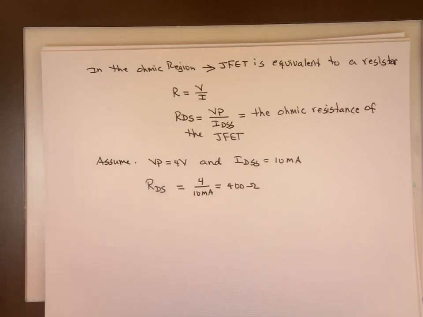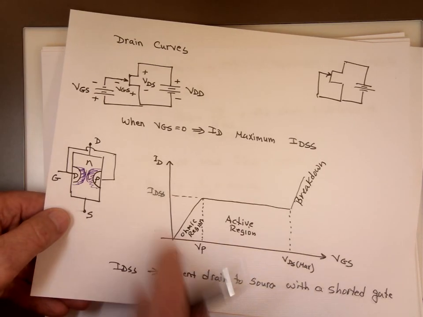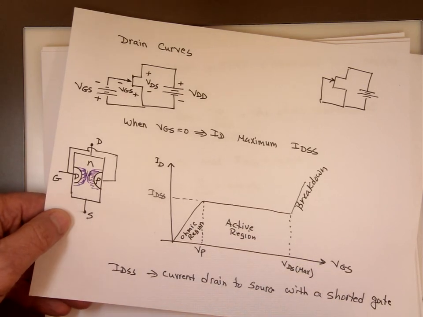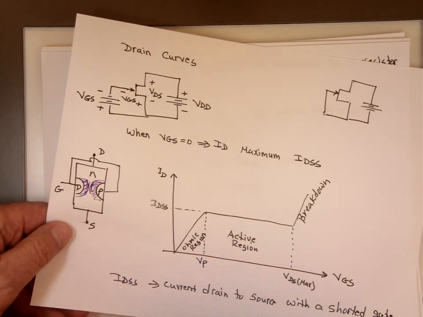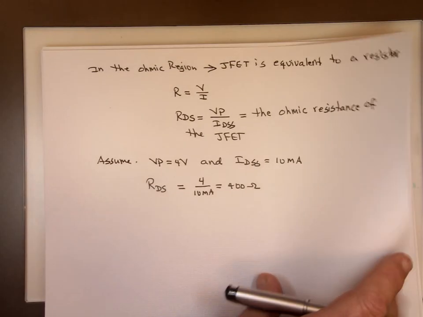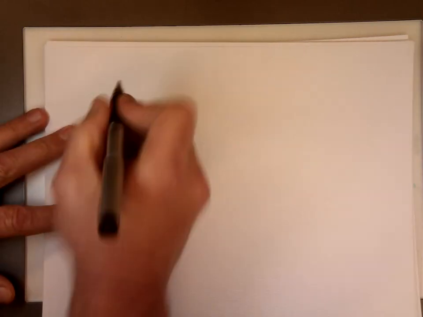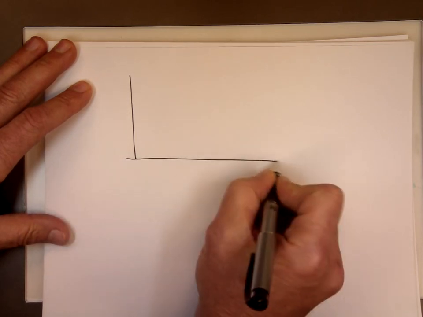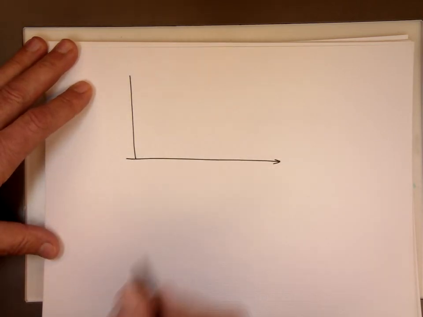Now, this is not the only current you're going to see when we look at VGS versus I sub D. You will notice that for a different value of VGS, it changes. So let's look at that picture. What does it look like? Normally, if you're looking at a JFET on a scope, this is what you're going to see.